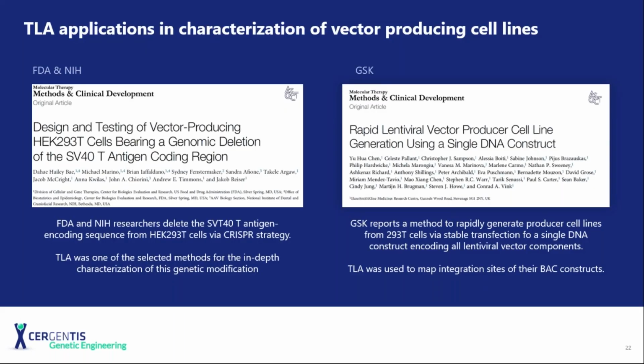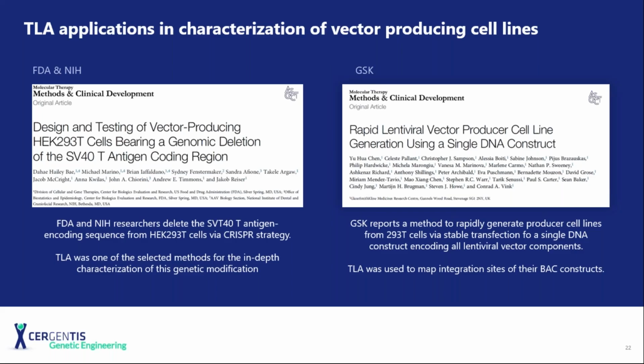So to touch upon some specific examples on the use of TLA in both cell and gene therapy. As I mentioned earlier, there has been extensive publication in both these fields, which you are free to explore on our website. Here are 2 examples of publications by the FDA, NIH, and GSK respectively that use TLA to characterize a vector-producing cell line.